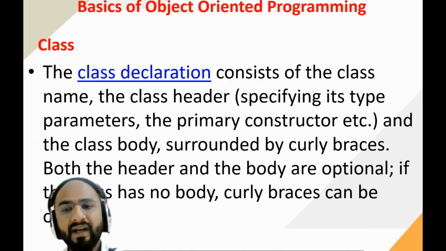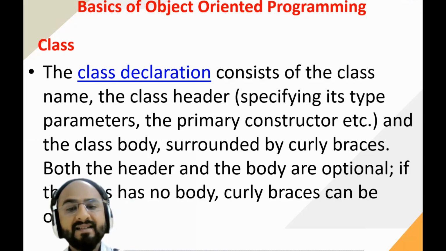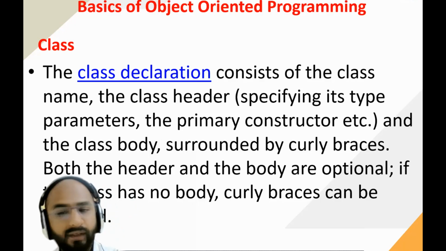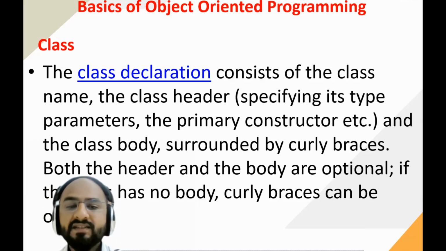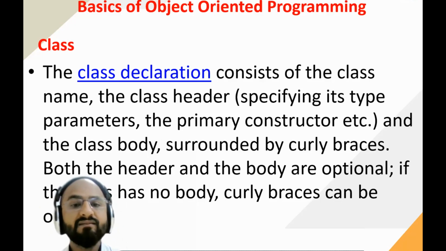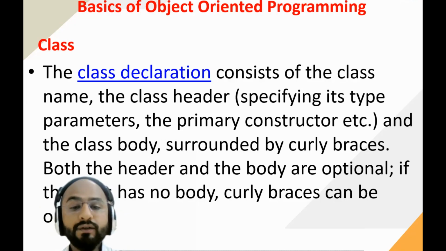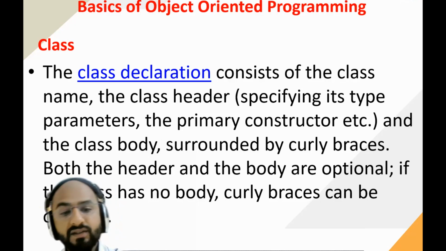So if you do not provide any parameter to that class and you do not provide any primary constructor to that class, it means there is no header. And if you do not provide any curly brackets, it means that the class has no body. You can do that in Kotlin. You can create a simple class without any parameter, without any constructor, without curly brackets. That is also we have discussed in the previous lecture, right? So you can refer to that point in the previous lecture also.